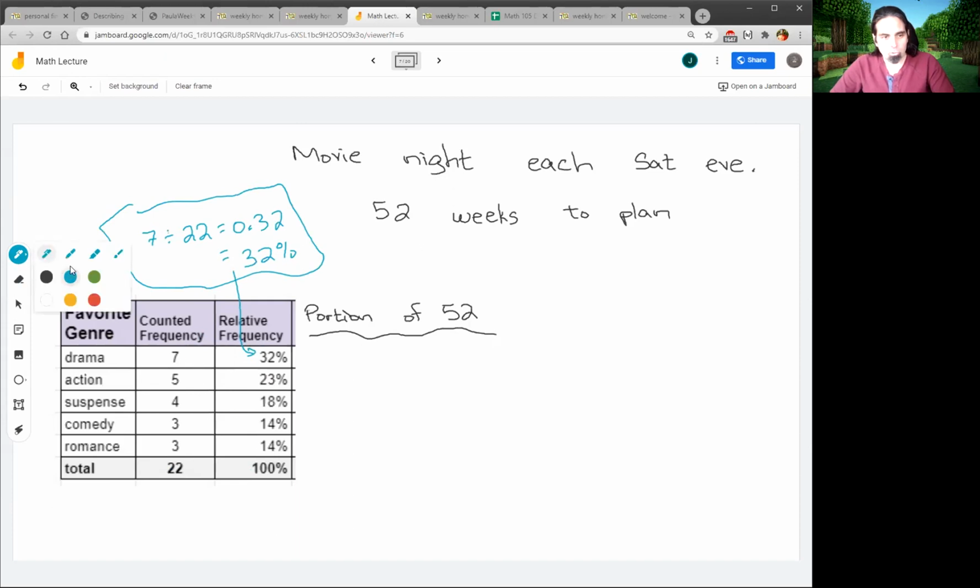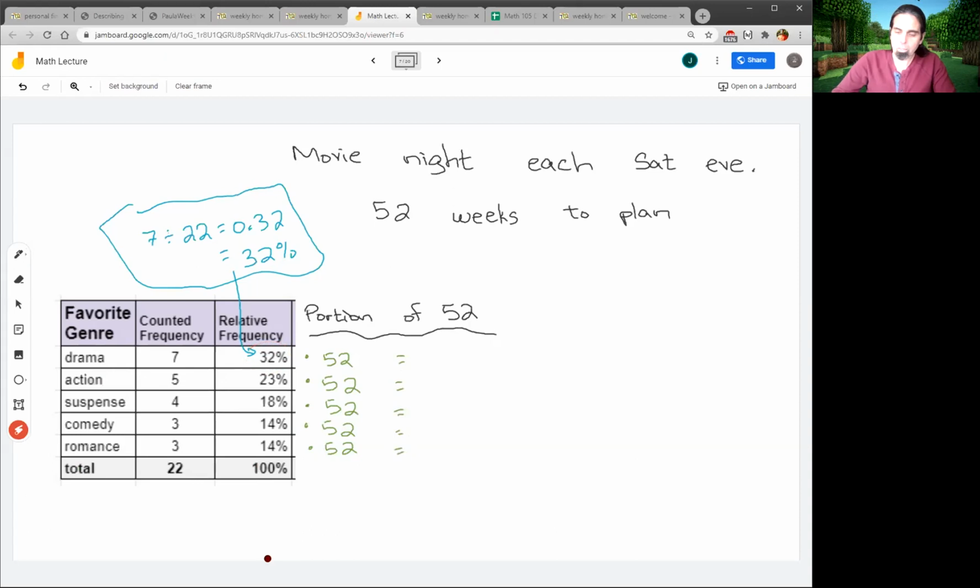So we take each of those relative frequencies, multiply it by our new total, and see what we get. And of course, when we multiply, I'm not going to put 32 in my calculator. I'm going to do 0.32 because that's what my calculator likes.